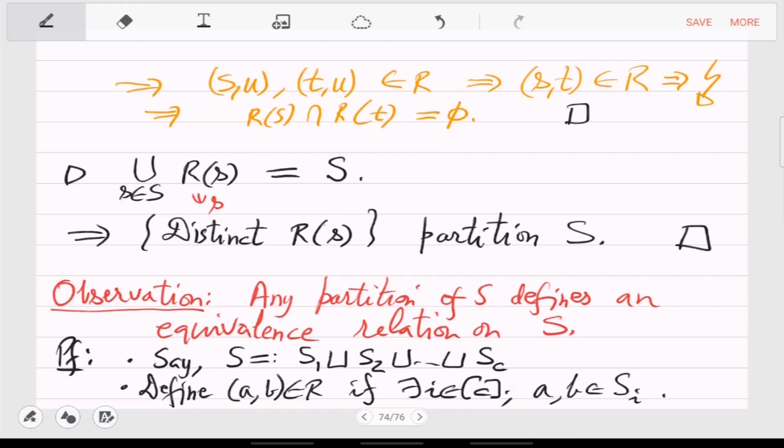Two elements are related if they are in the same part. It can be any of these C parts, and otherwise they are unrelated. So you can see that this defines an equivalence relation because it's reflexive, symmetric, and transitive. Is that clear?